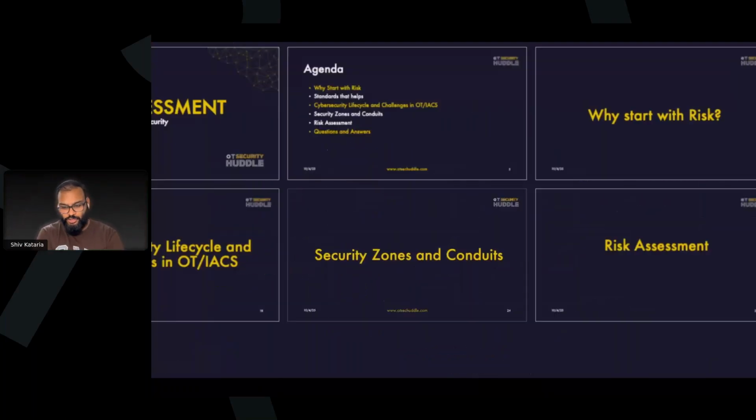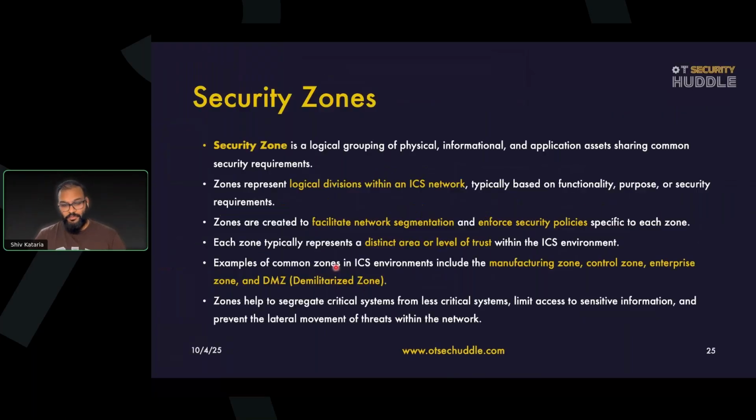Quickly about security zones and conduits. You have seen one of the architectures previously, but whenever we are doing risk assessment, it becomes necessary to put a boundary on the area you are doing the risk assessment on. Security zones support that through logical grouping of assets based on physical location, the information they are processing, the applications hosted, and possibly the common security goals.